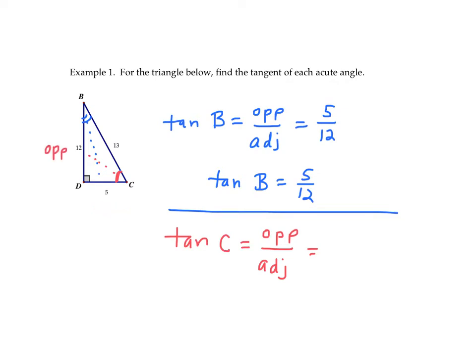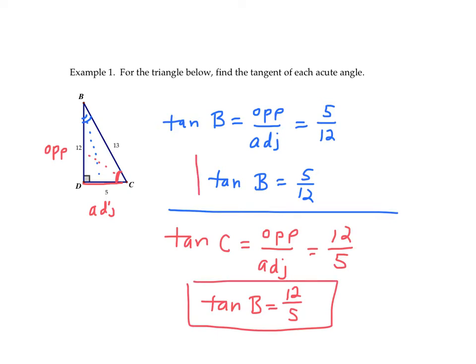And this side marked with 5 is the adjacent side to that angle. So we would say the tangent of angle C is equal to 12 over 5. And again, we can do shorthand and say tangent of C is 12 over 5. And we're all finished. So again, when you go to label the opposite side and the adjacent side, it's really dependent on which angle you're referring to in the triangle.